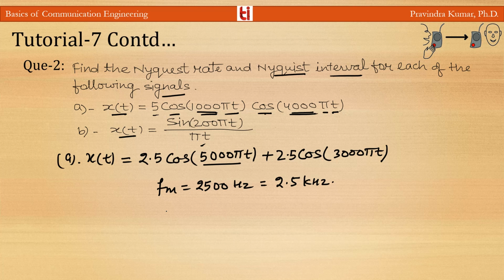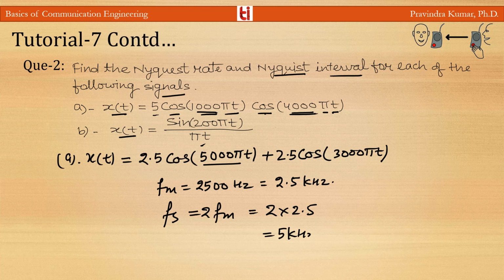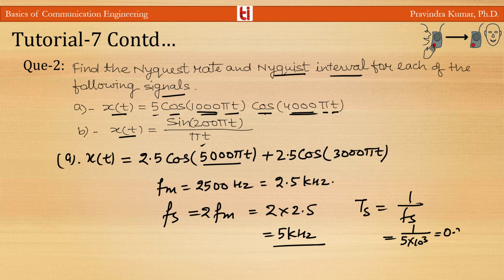So the Nyquist rate, or sampling frequency, will be 2fm, or 2 into 2.5, so it is 5 kilohertz. And the Nyquist interval Ts will be 1 by fs, or 1 by 5 kilohertz, so it will be 0.2 millisecond.